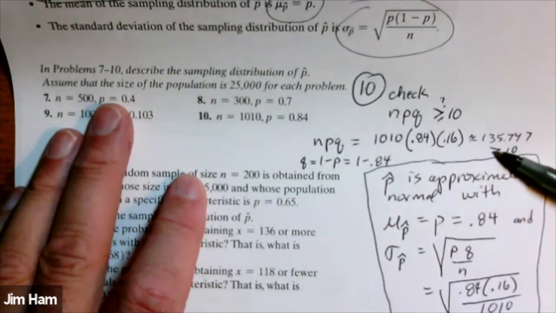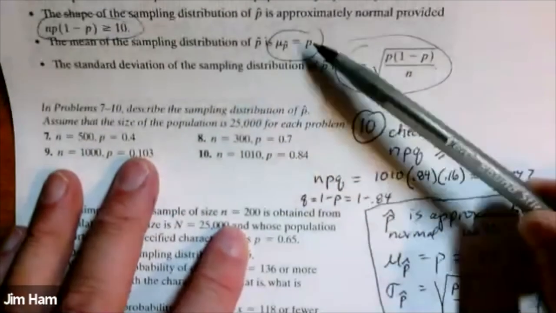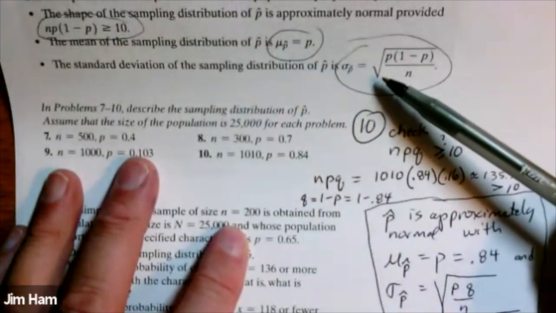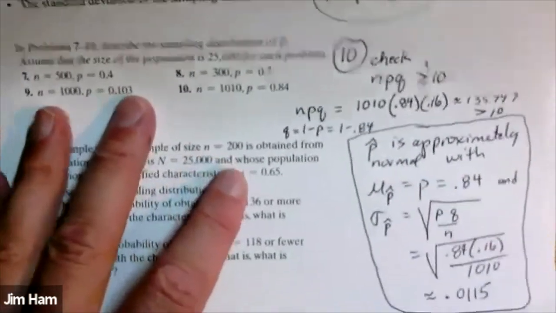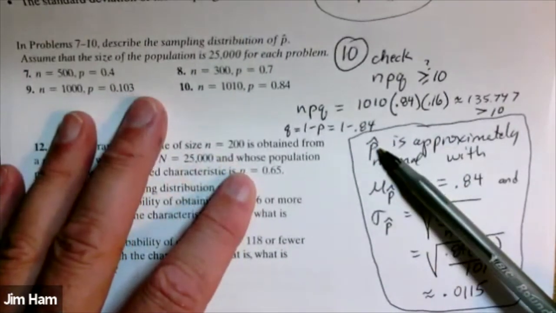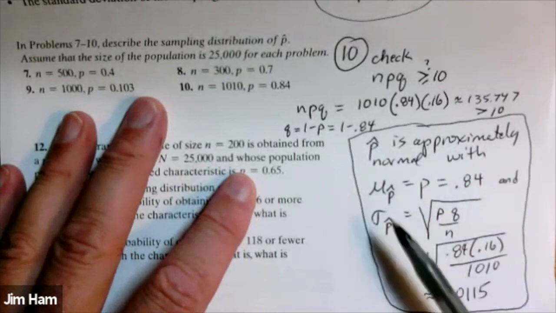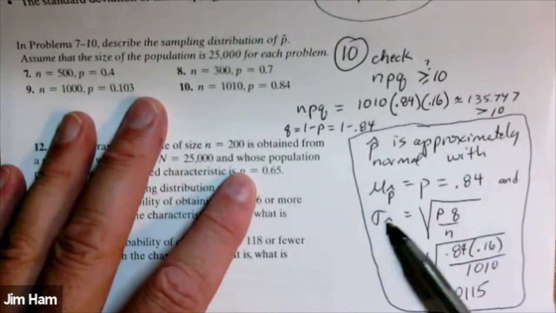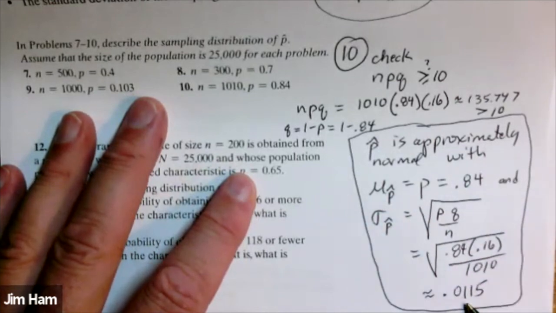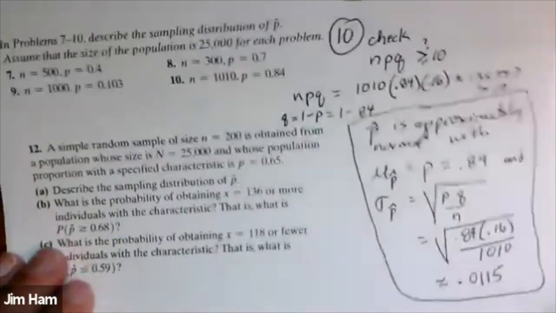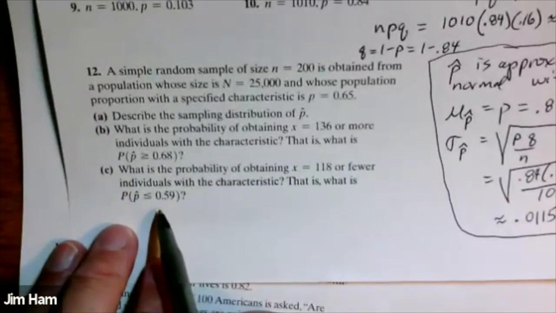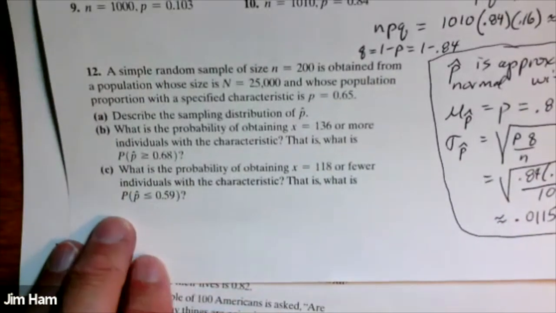And then if we know the sampling distribution is approximately normal, we can calculate the mean and the standard deviation of the sampling distribution, looking at these two formulas. And then we conclude that p hat is approximately normal with mean equal to 0.84 and standard deviation equal to 0.0115. And then as soon as we know that, we can do all kinds of probability calculations. But you can see what the probability calculations will look like, at least the symbols would be looking like this.